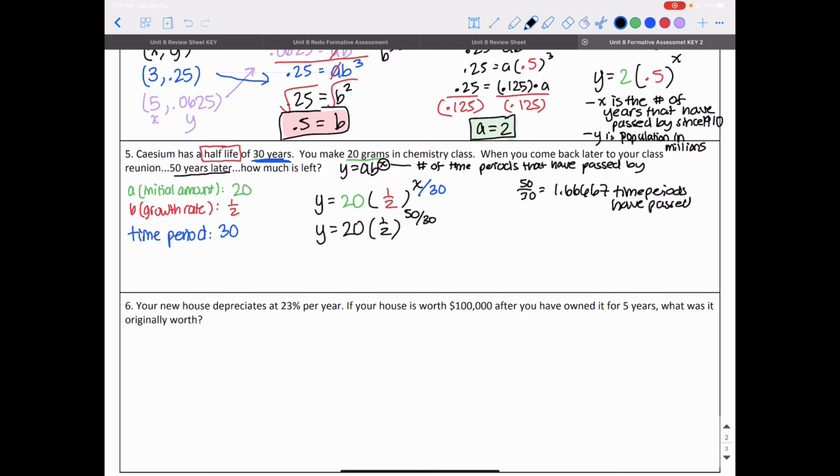So I'm doing 20 times 1/2 to the 1.666 repeating power, and that's going to give me an answer of 6.30 grams when I round.